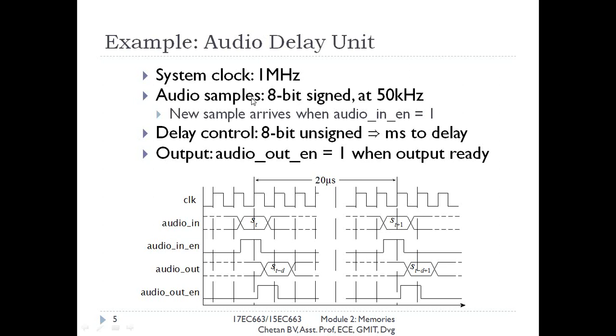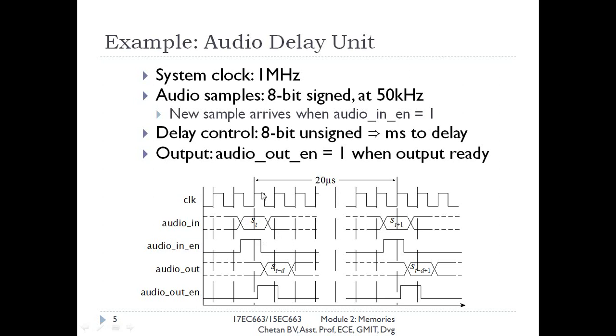So audio samples are arriving at 50 kHz. Whenever a new sample arrives, audio in enable should be 1. Delay is an 8-bit unsigned value in milliseconds, and we have to make audio out enable 1.